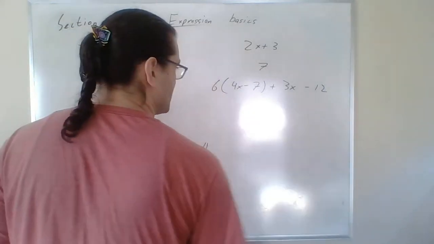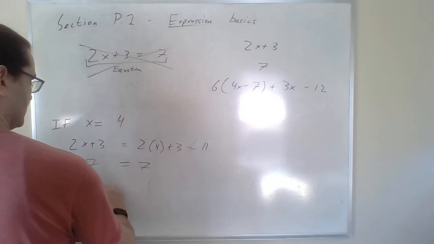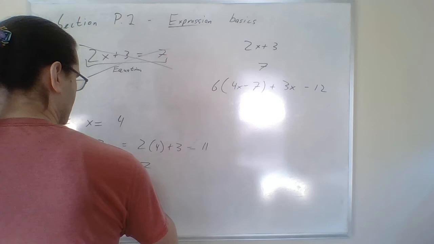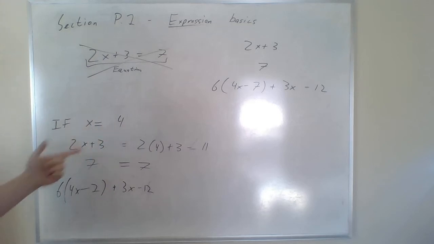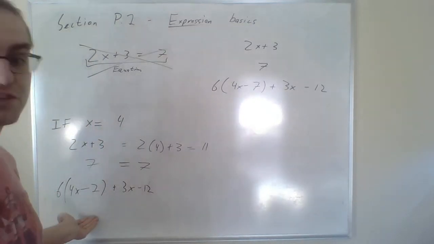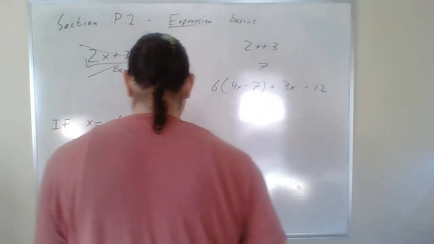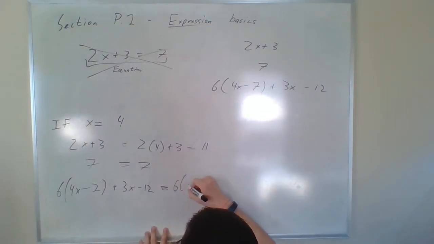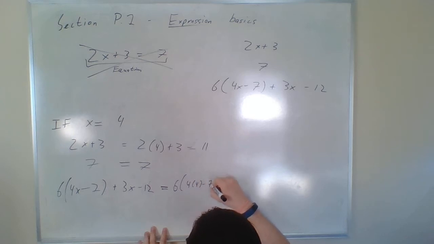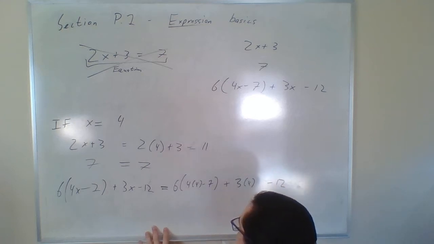And this one on the bottom is going to be kind of a mess, but we can do it. Let me just rewrite the whole thing: 6 times the quantity 4x minus 7 plus 3x minus 12. If this is our expression and I'm plugging in x equals 4, then we're going to get 6 times the quantity 4 times 4 minus 7, plus 3 times 4 minus 12.